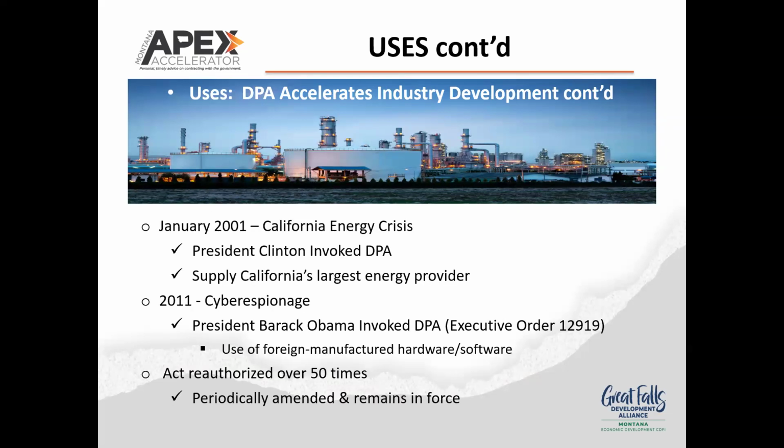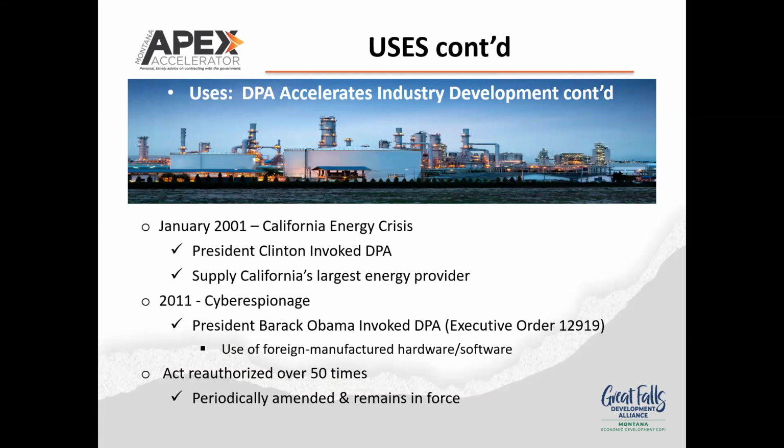In January of 2001, President Clinton invoked the law to force gas suppliers to continue to supply Pacific Gas and Electric Company, the largest California energy provider, with gas regardless of loss as a result of suppliers shutting off gas supplies due to PG&E's non-payment during the 2000-2001 California electricity crisis.